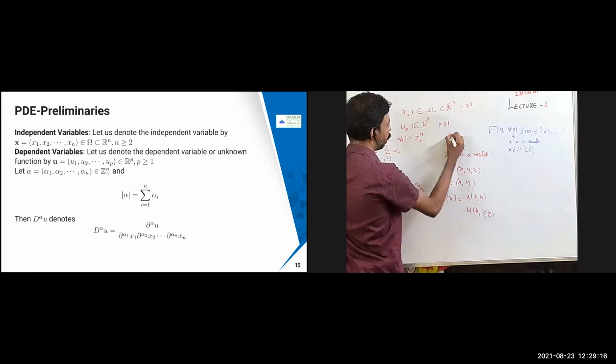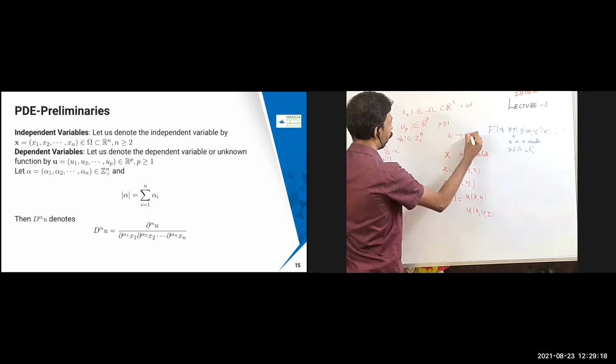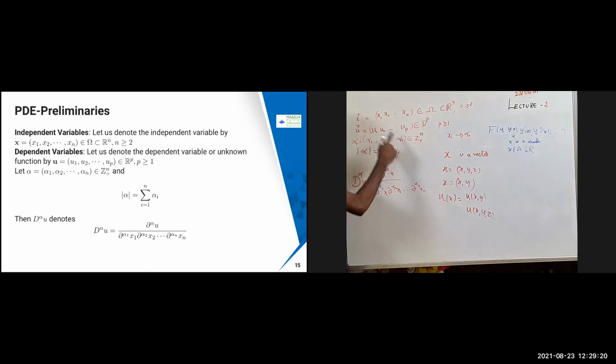So alpha 1, alpha 2, alpha n are there. From which I'm defining D alpha u equal to dou^|alpha| u over dou x1^alpha 1, dou x2^alpha 2, dou x3^alpha 3, etc., dou xn^alpha n. This is called the partial derivative.